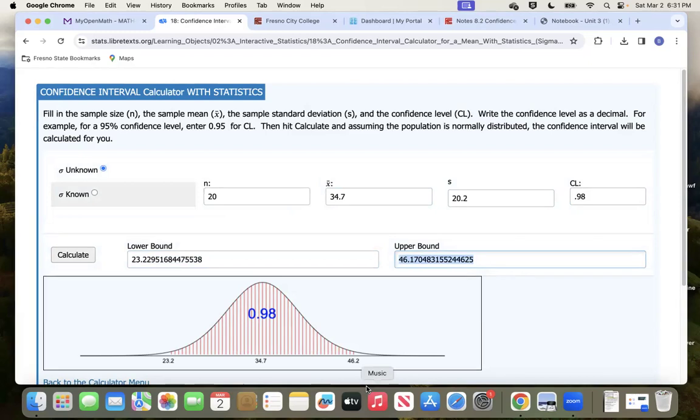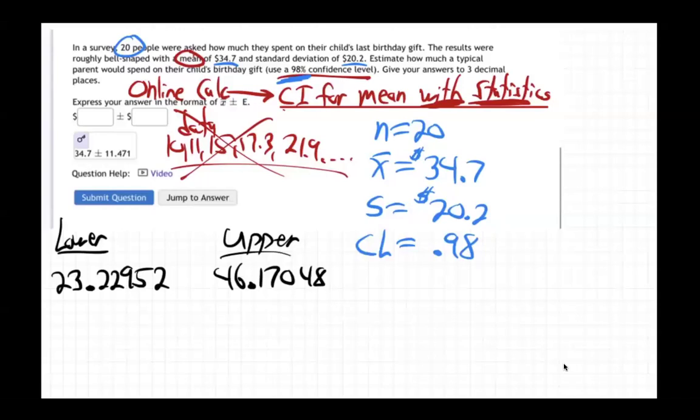It's not yet our final answer. Let's go back to the original question. Okay, here we are now. Notice, they want the answer in plus or minus notation.